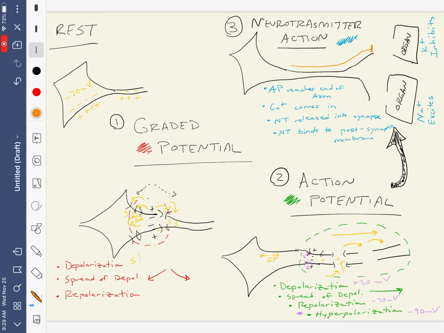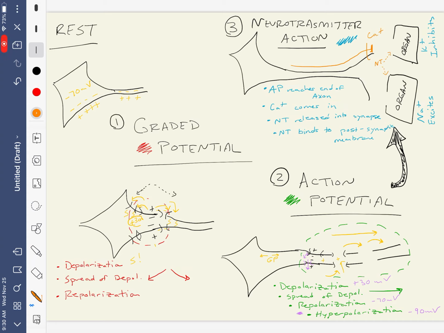Because we know that at the end of the axon, there's a synapse or a space. This should be a review for you. So once that action potential gets to the end of the axon, calcium is going to come in to the end part of that axon, and that's going to trigger these neurotransmitters to be released into the synapse.